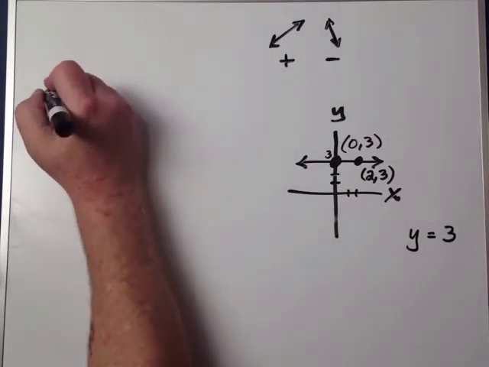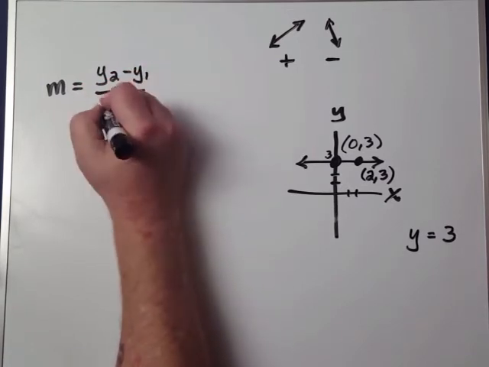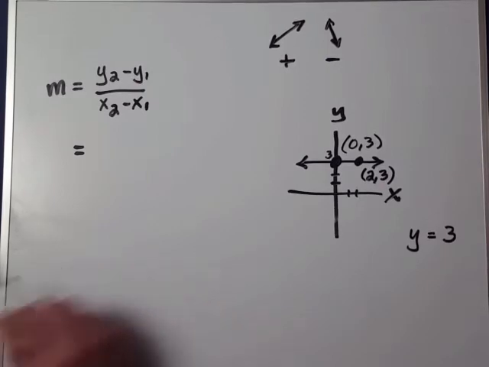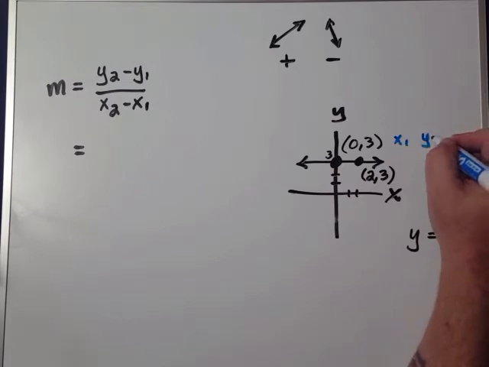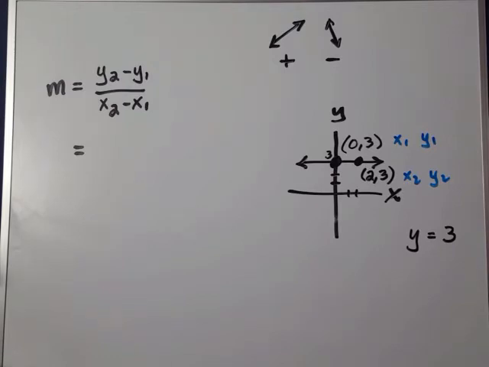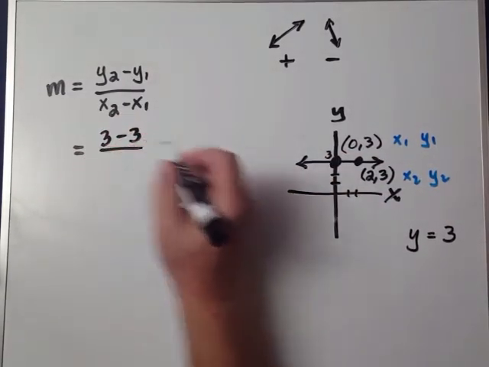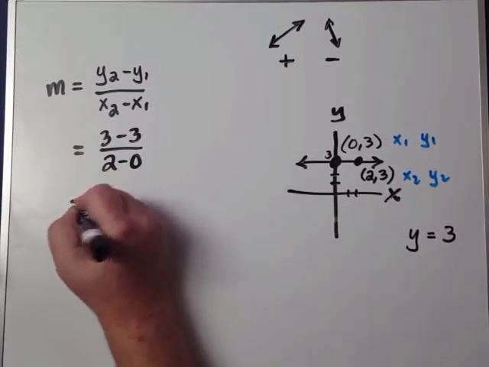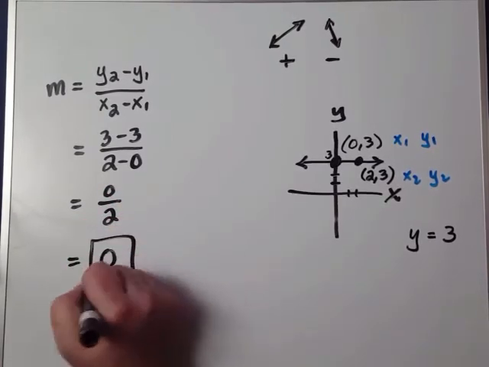And what does my slope formula tell me about this? The slope is the change in y per change in x. The difference in the y's is 3 minus 3. The difference in the x's, 2 minus 0. That's going to give me 0 over 2, or 0.